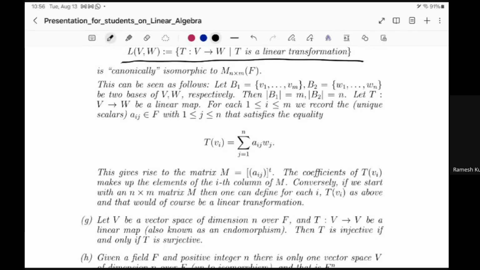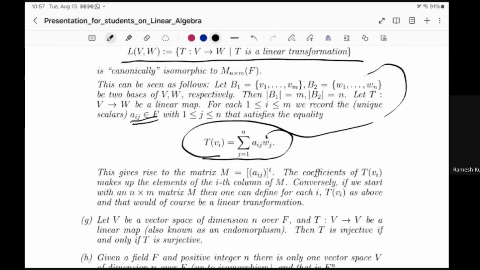So that means for each i, we should be able to write it like this, where the aij's are scalars, and the wj's are, of course, these wj's.